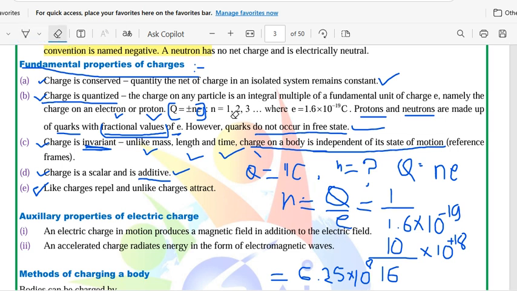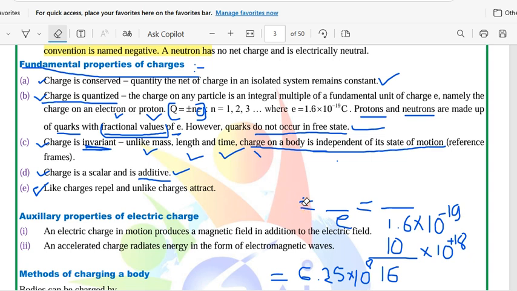This is how we can calculate the number of charges. This is all about the fundamental properties of charges.